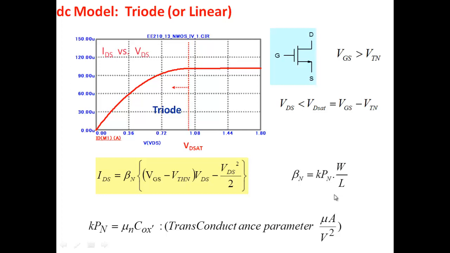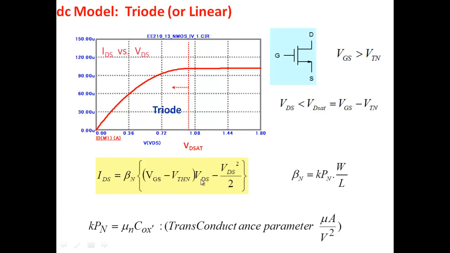We would change W by L to different values depending on our requirements. So beta would vary. And of course, most of the time for us, VTHN will be constant. And so this is how it behaves. You can see from this equation that if VDS is very small, the quadratic term would be very small.